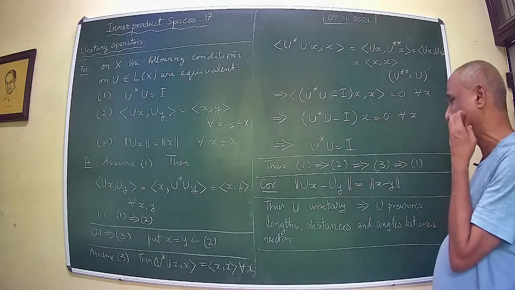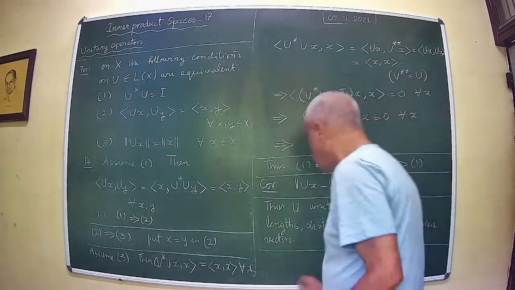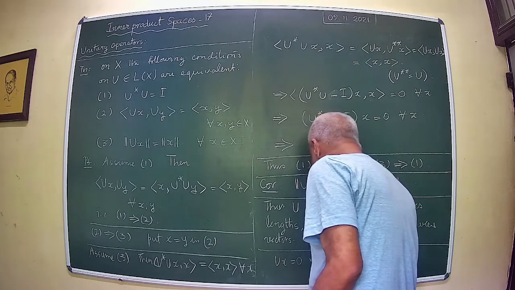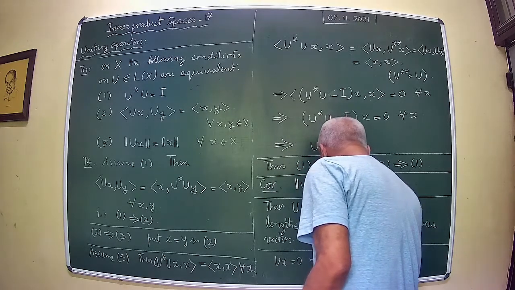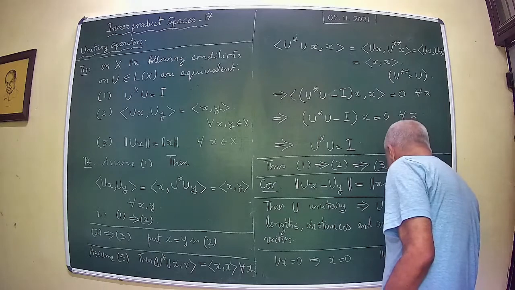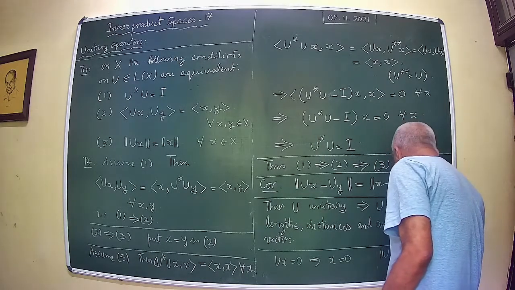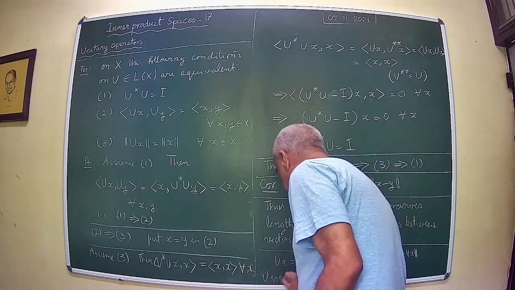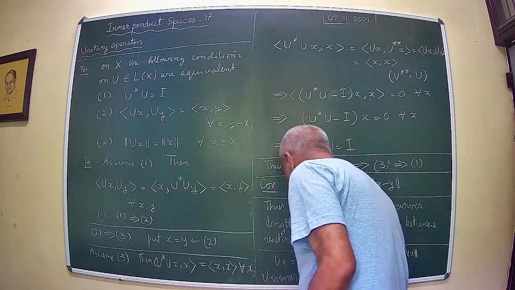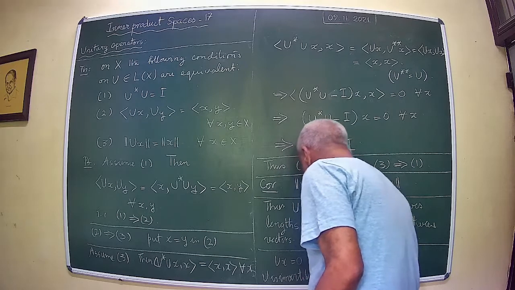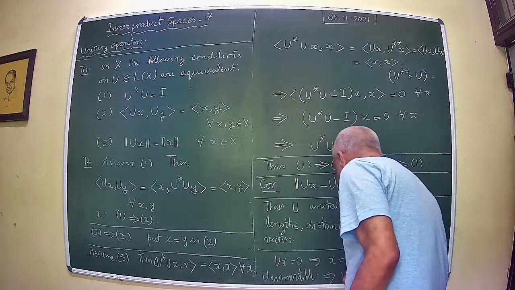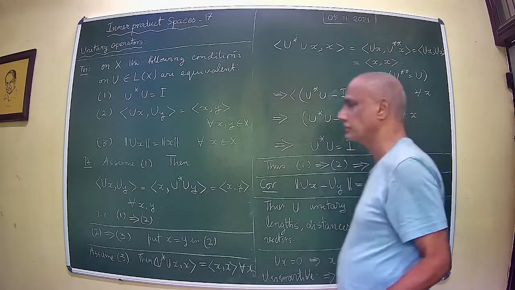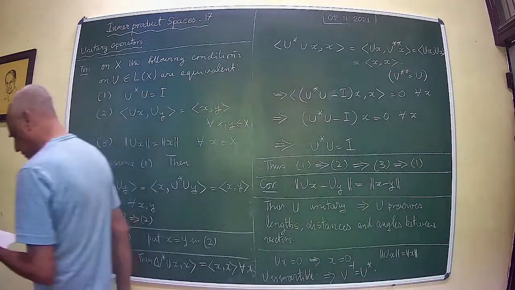Therefore, Ux equal to 0 implies x equals 0, because norm of Ux equals norm of x. Therefore U is invertible, and that's the result.